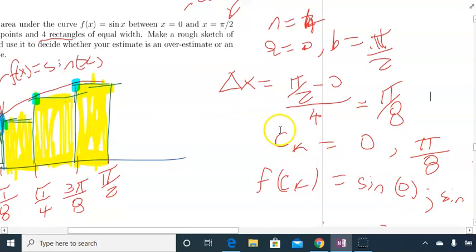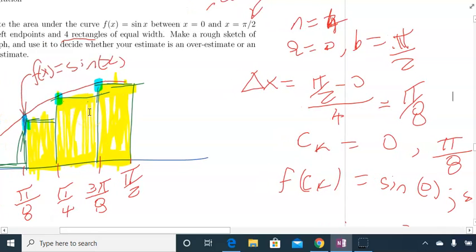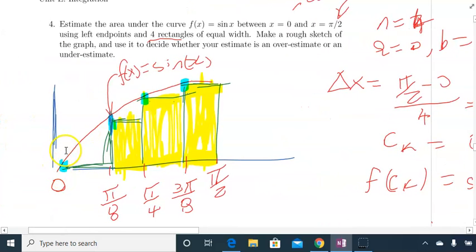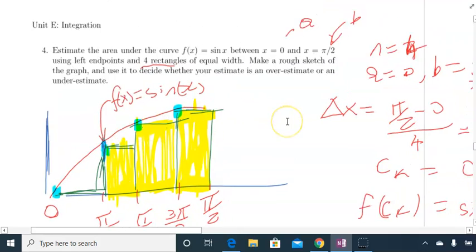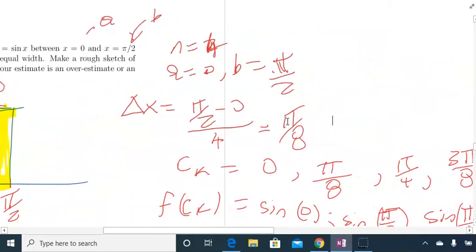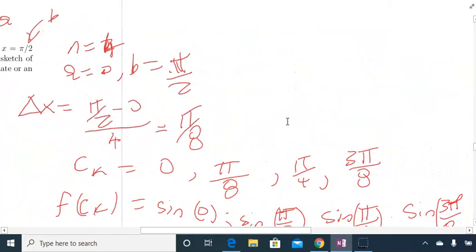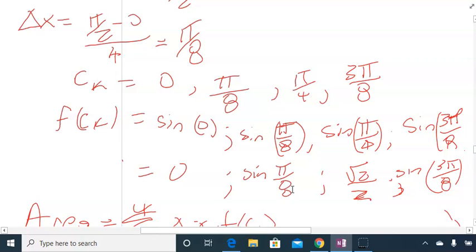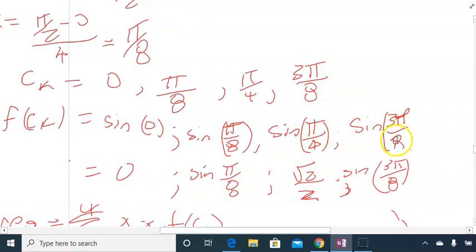And then these left endpoints, we're going to title them c sub k, so that the left endpoints will be 0, pi over 8, pi over 4, and 3 pi over 8. Then we're going to find f of c sub k, which should be the sine of 0, sine of pi over 8, sine of pi over 4, and sine of 3 pi over 8.